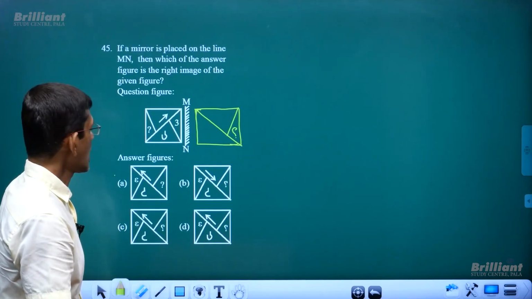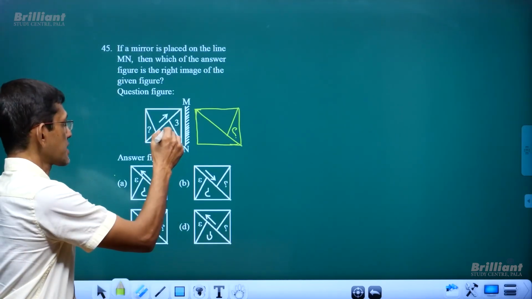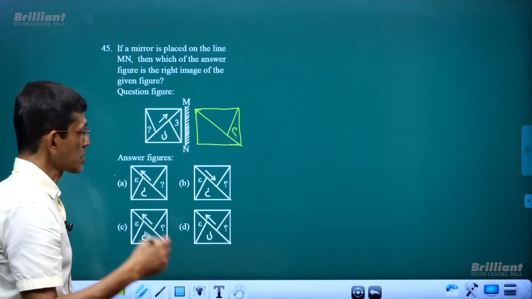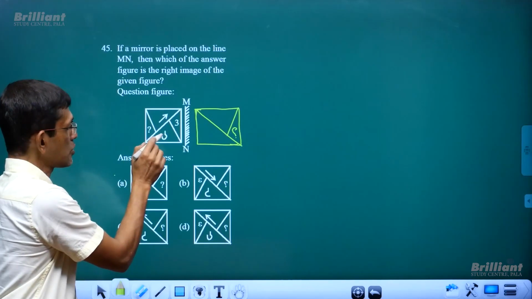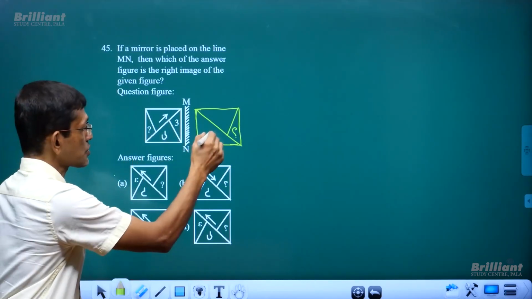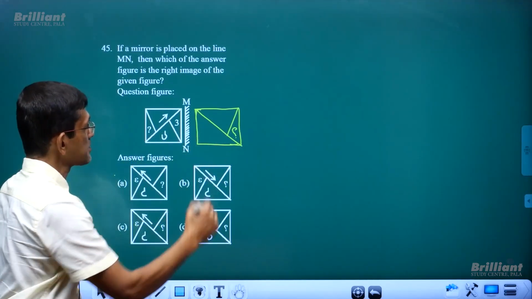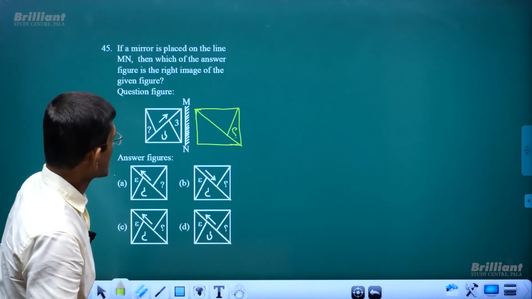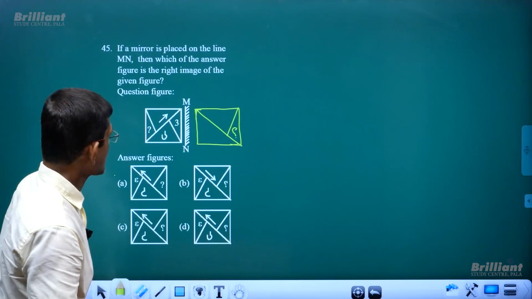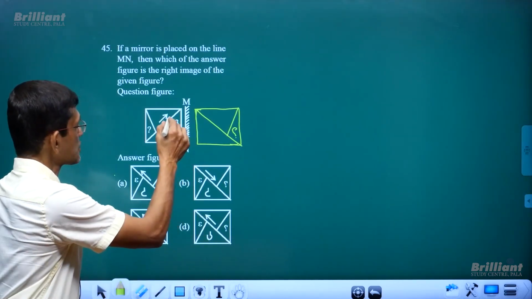Okay, so now we have this figure here. It is something like a hook. The opening part of the hook is away from the mirror. I think we have to create one more triangle. So where is that triangle? This would be like this, right?